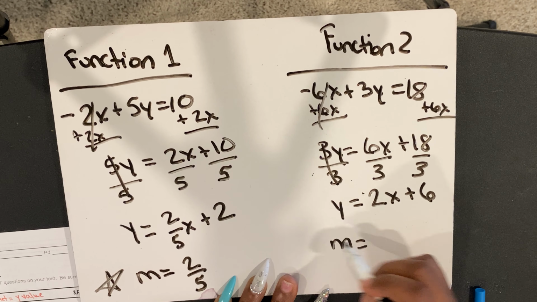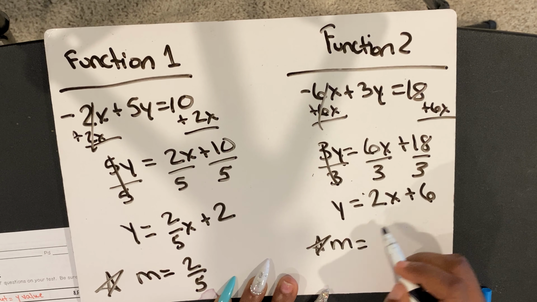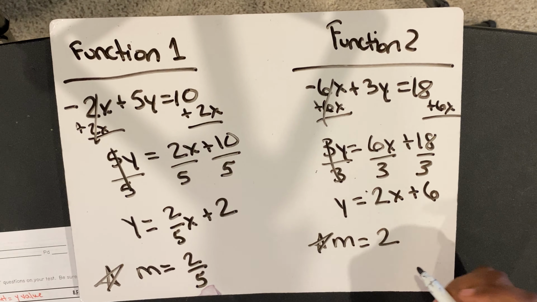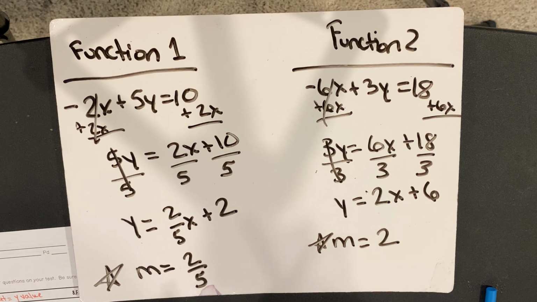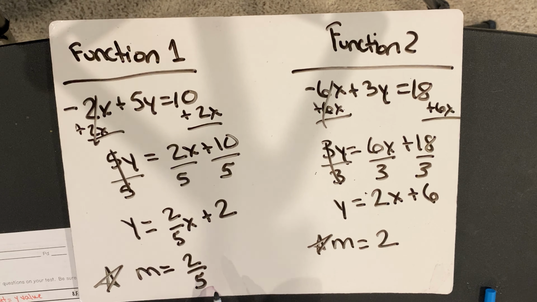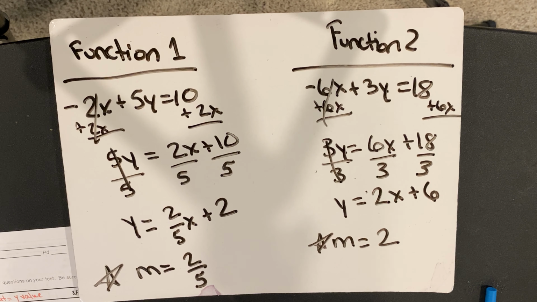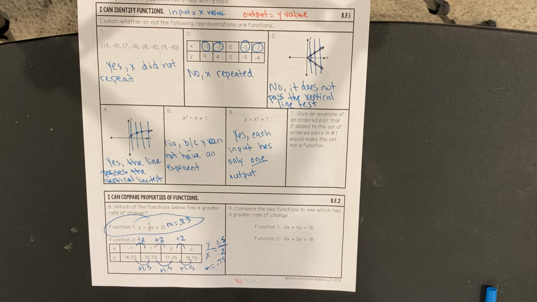So the slope for this one is 2. So is 2 greater than 2/5? Yes, it is. So then our answer is function 2.